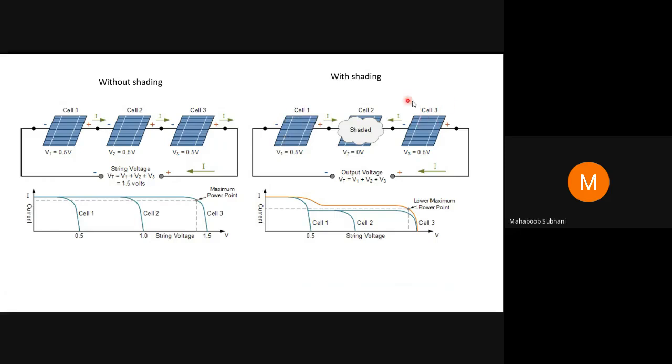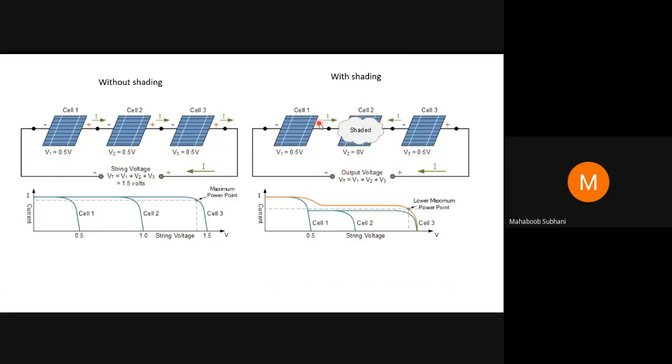And cell 3 also generates voltage and it has some current. But the overall voltage is reduced. Initially cell 1 is 0.5 volt and 4 ampere current. Now there is no change in cell 1, same value 0.5, and same value here also 0.5. So there is no change in cell 1.